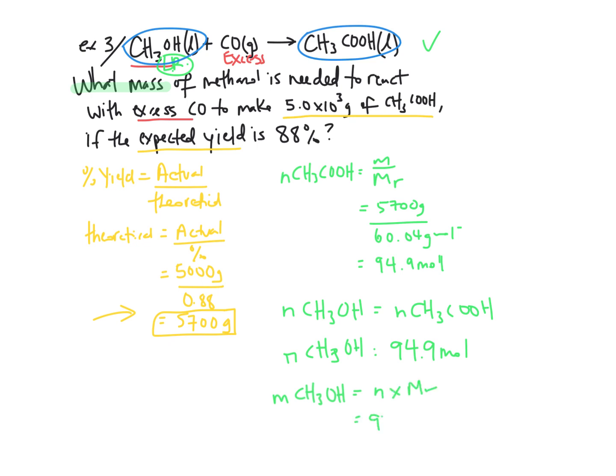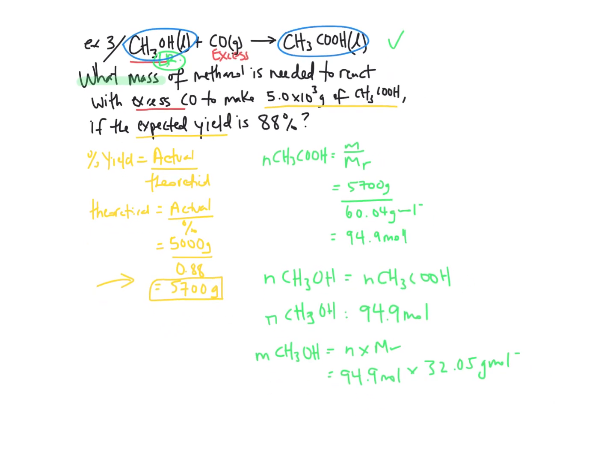So 94.9 moles times molar mass from the periodic table will be 32.05. That sounds familiar because we used it last time also. And punch that into your calculator, you get 3,032 grams.